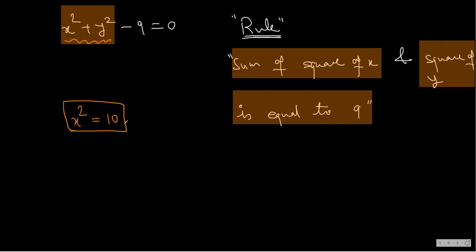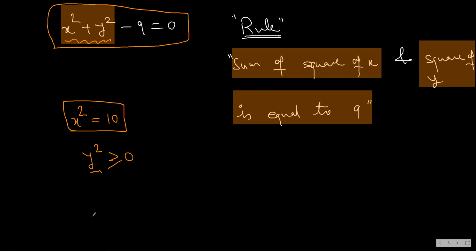Because if you have x square 10, then this equation is not satisfied. If I have x square only as 10, y square, being a square term, has to be either 0 or greater than 0. It cannot be negative.